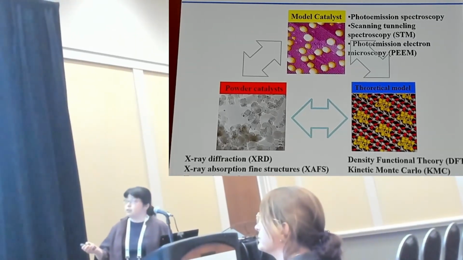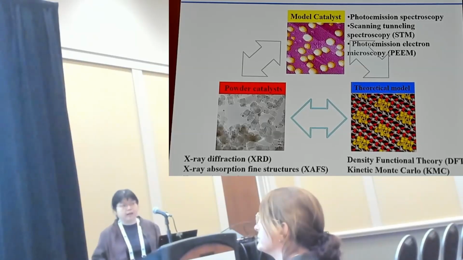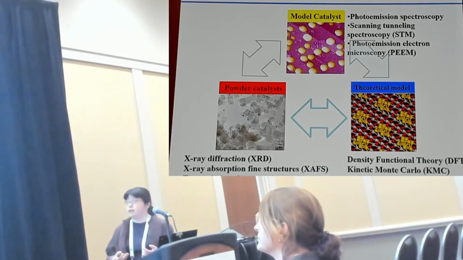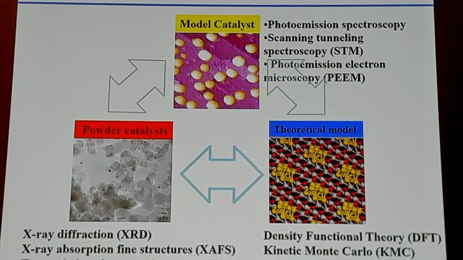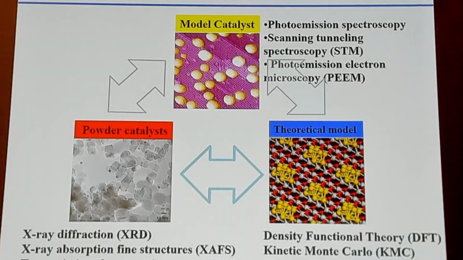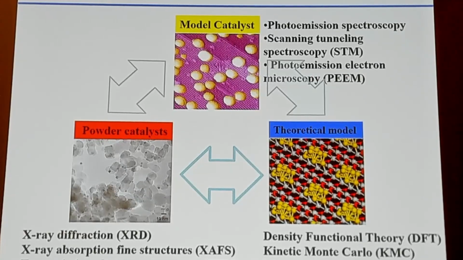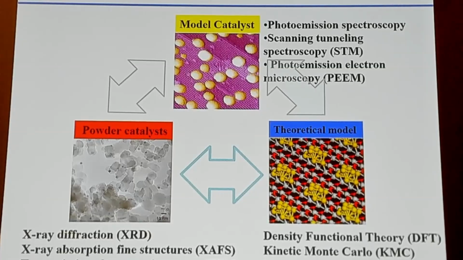So we also combine with well-defined single-crystal-based model catalysts, whose purpose is to mimic the behaviors of the powder catalyst, but in addition allow the use of surface science techniques like STM, AP-XPS, and XPS, so that you can get more information about the surface structures, the species, and how they behave under reaction conditions that is relevant to catalysis.